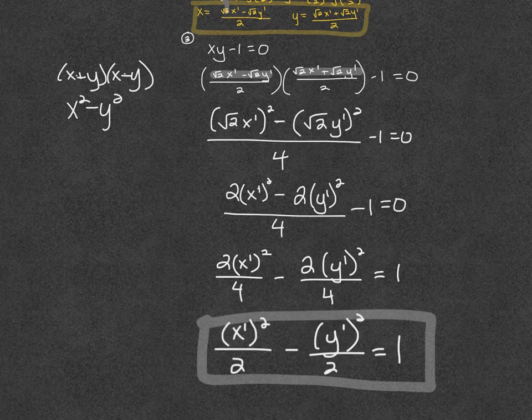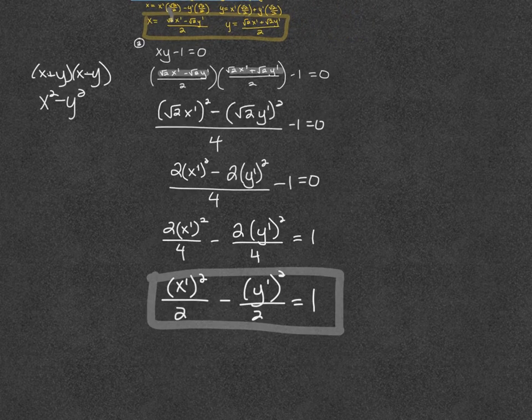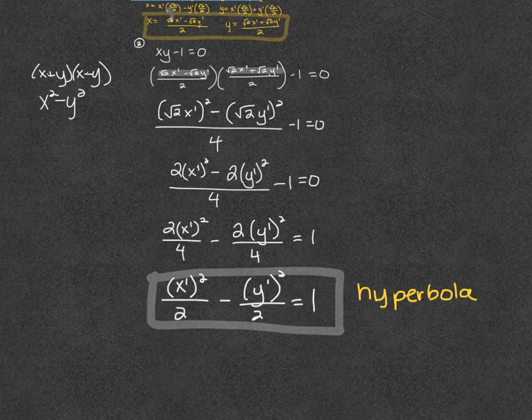What kind of conic is this? You sound so sure. The only one has a minus between it, right? Yeah. This is a what? Hyperbola. What's the center of my hyperbola?